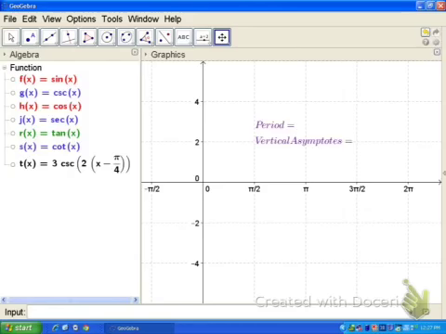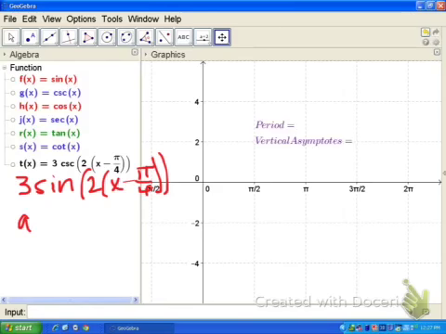So we're going to actually graph 3 sine of 2 times the quantity x minus pi over 4, because that's going to be the function that helps us graph cosecant.